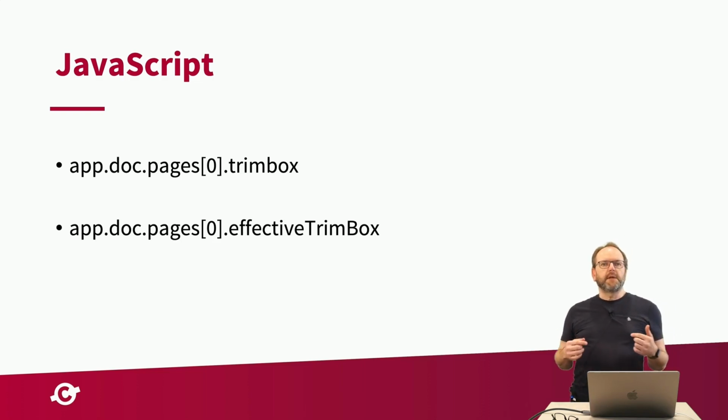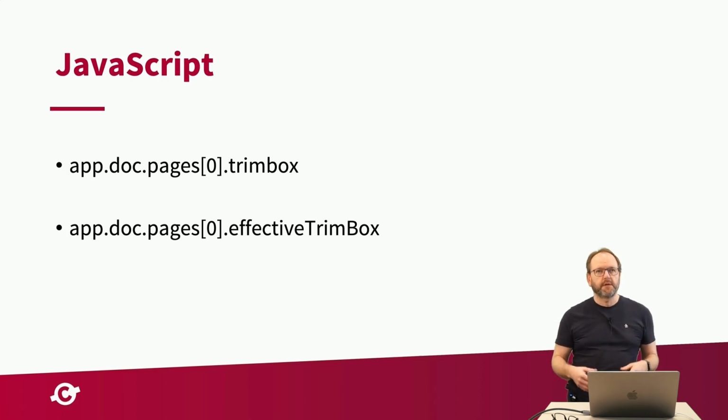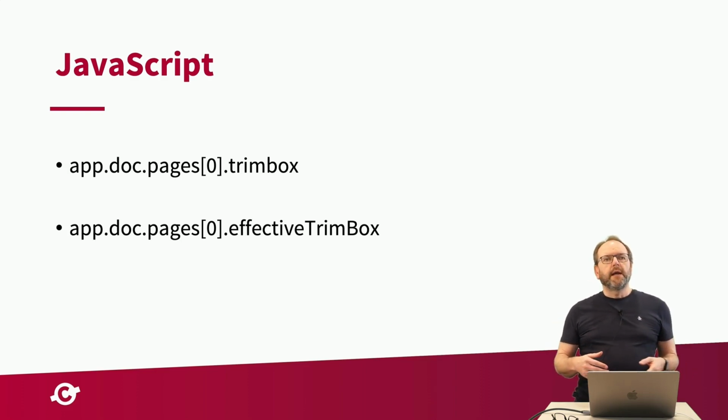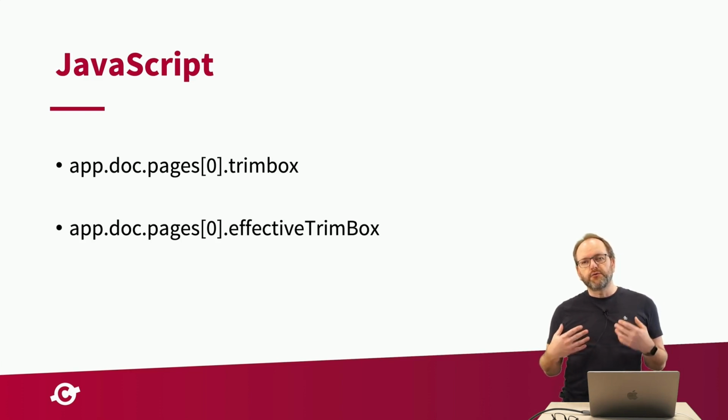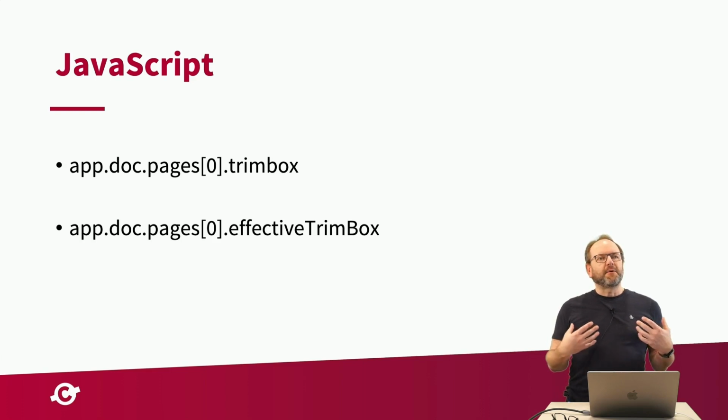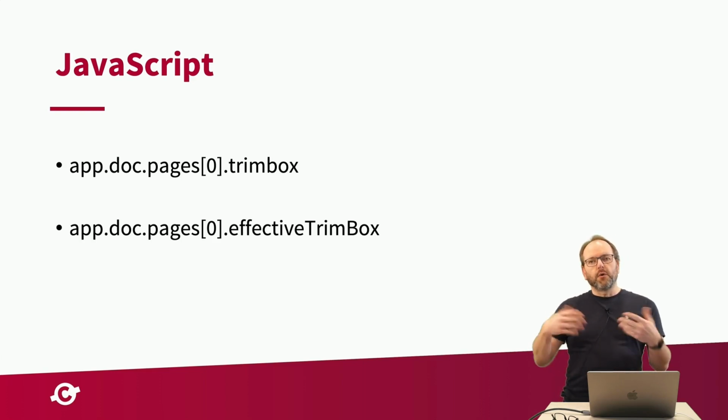The way that pdfToolbox supports this, or at least the user unit in pdfToolbox 14, is by providing you with two properties of a page object. So when you look at the JavaScript, there is something called app. I've explained this a lot of times already. There is an app object that represents the whole application.